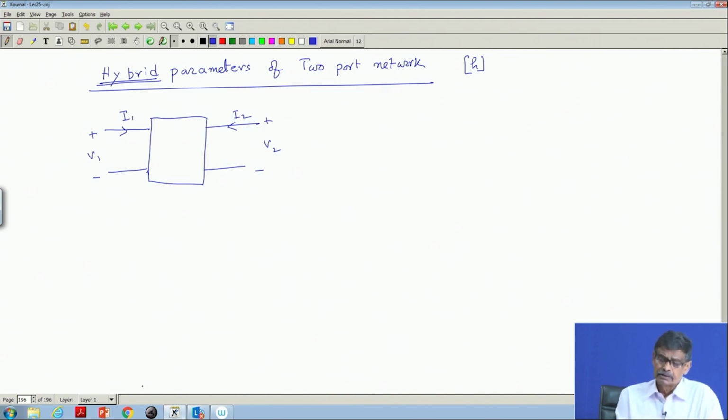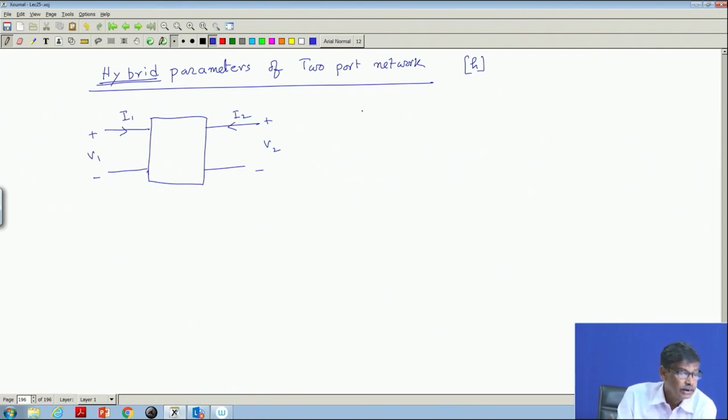Same network, and this can be written in terms of impedance parameters, or I1, I2 can be expressed in terms of admittance parameters. Similarly, those are the basic equations.